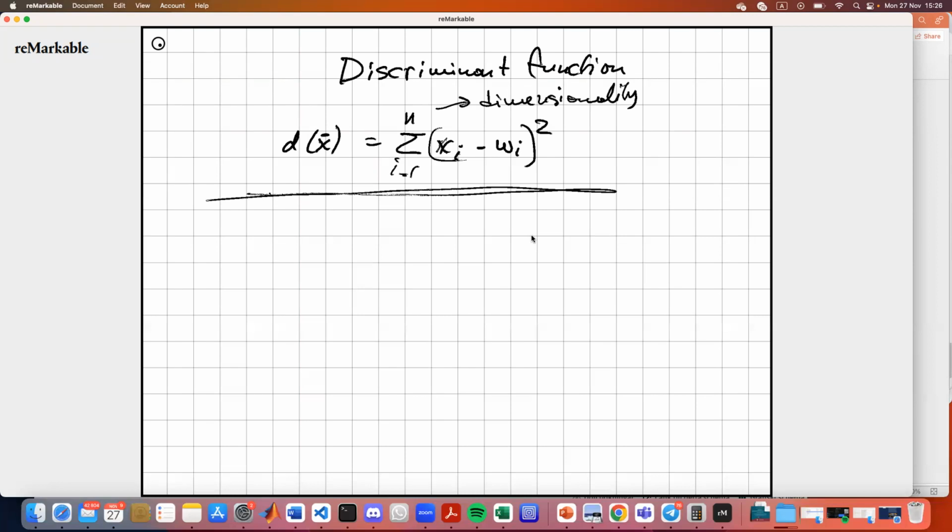But the idea is very simple: you always compare the weights of each neuron with the current feature vector, and the closest one with respect to Euclidean distance will win.